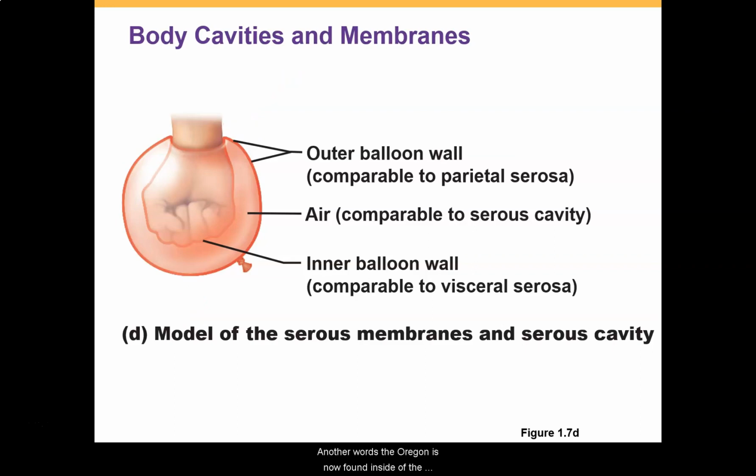In other words, the organ is now found inside of the serous membrane, and therefore the serous membrane isolates the organ and keeps it protected. This outside rubber becomes the inside rubber that is hugging the fist or hugs the organ.